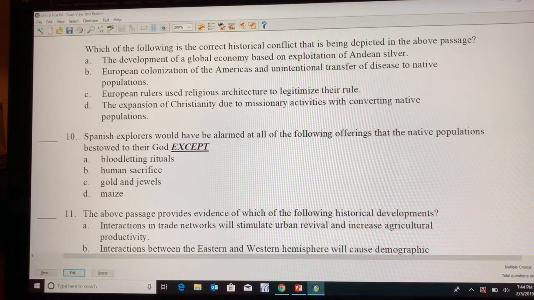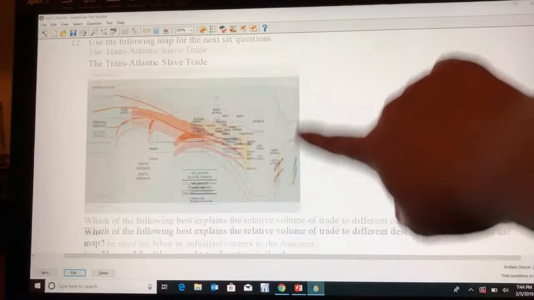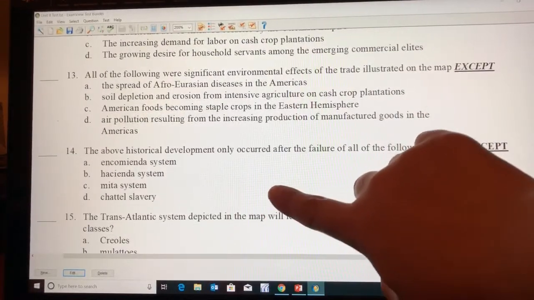Which of these would they have bestowed, but also would have alarmed the Spanish explorers? Like they wanted it, or they were just like, oh my gosh, that's strange. So look at those things and figure out what they would have been alarmed by. Of those, there should be 3 things that the Spanish should really like, and 1 thing that they shouldn't be alarmed by. Hey, Miss Morgan has the answer. Talk collectively as a class as I go to the next one.